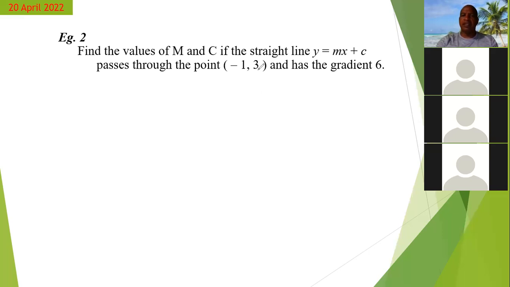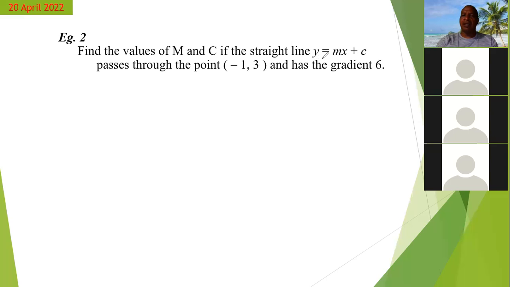Oh, I understand, but it wouldn't cut the y-axis at the 3 because remember, this is a y value. You get what I'm saying? The 3 is a y value, yes, sir. Right. So remember in the equation, the 3 is a y value for a point. Now this c is where it cuts the y-axis, which is not the same as the value at this point.